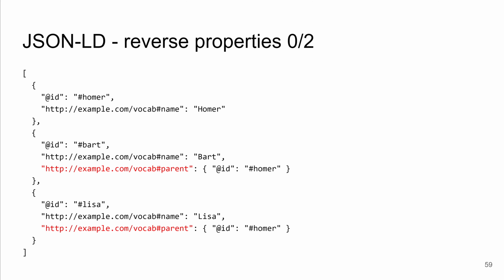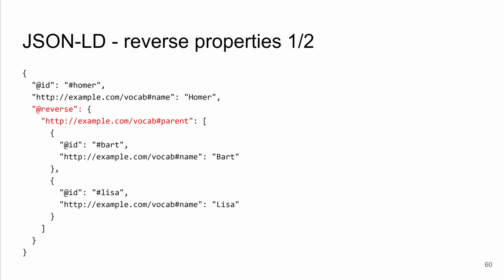So we may be able to represent it in JSON-LD like this, which is again not how a JSON developer would do it, because it doesn't use the natural JSON object nesting. But it will produce the proper RDF. So what we can do is we can say that we will use an RDF predicate in a reverse direction.